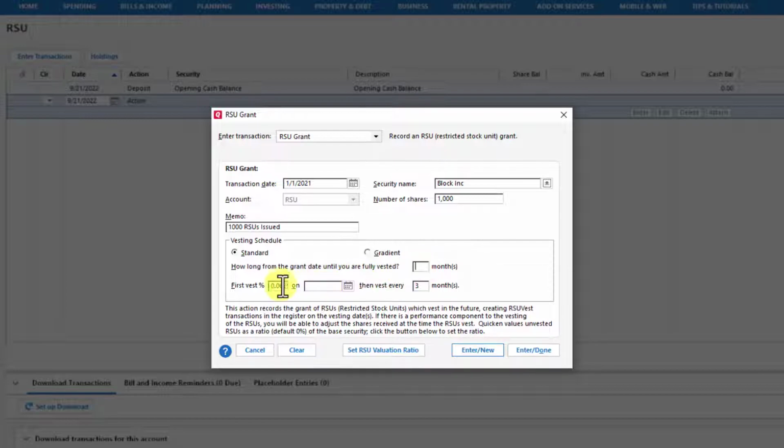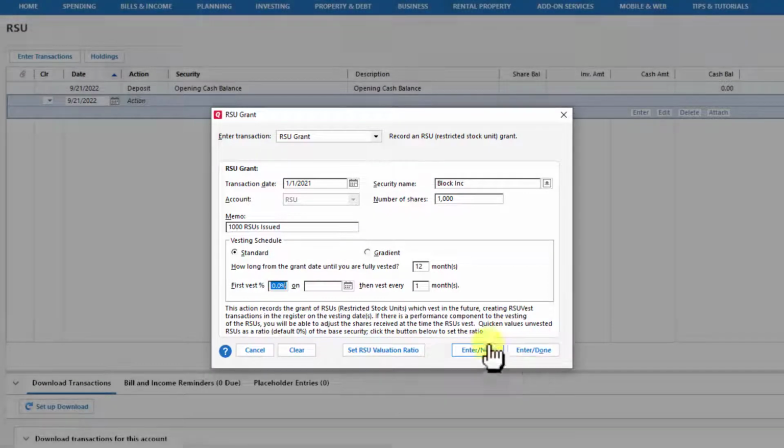In our simple example, let's say we get 10% every 3 months. Make it every 1 month. So we will be fully vested certainly after 12 months. Now, what's going to happen is when we hit enter, it's going to enter a whole series of transactions of what those RSUs will look like.